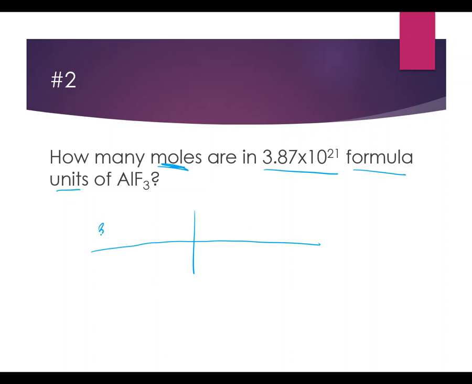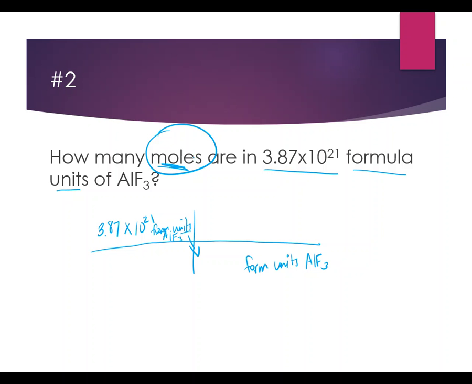Given information, upper left corner: 3.87 times 10 to the 21st formula units of aluminum fluoride. Like before, we're going to take the formula units and diagonal them down so that they're going to cancel, just like you would with any unit that you wanted to get rid of.